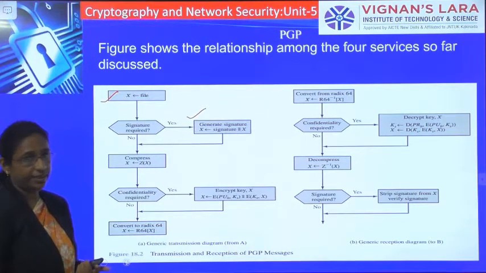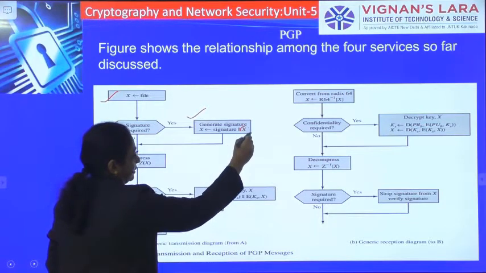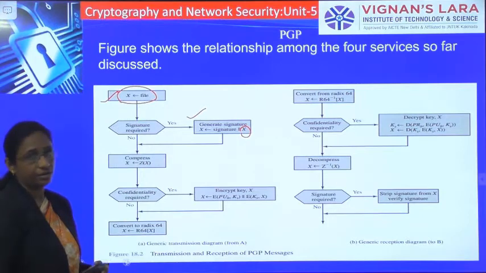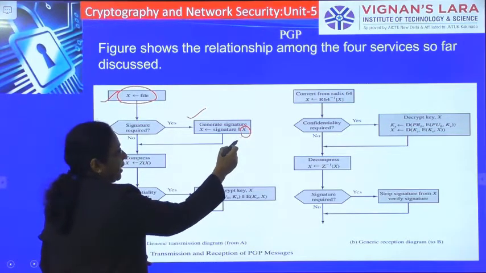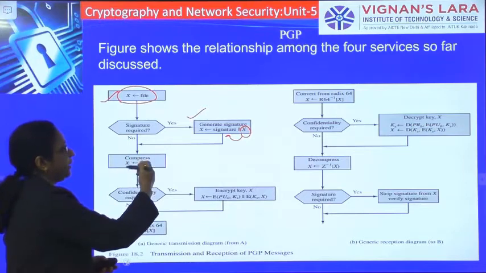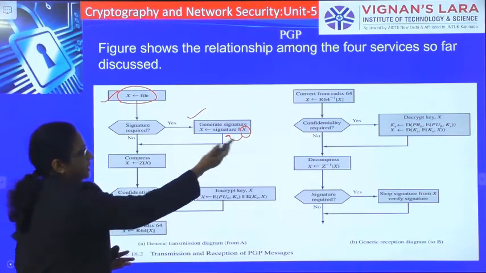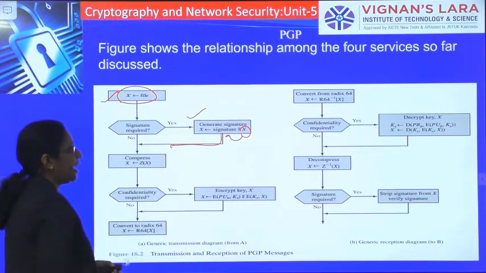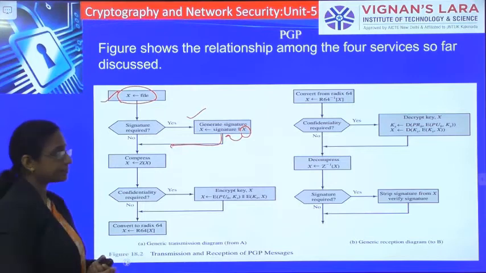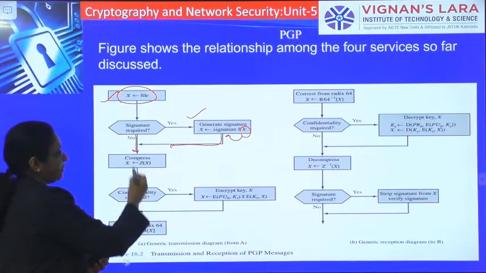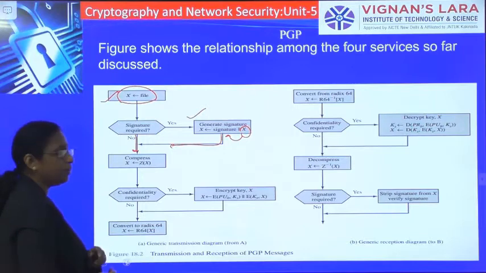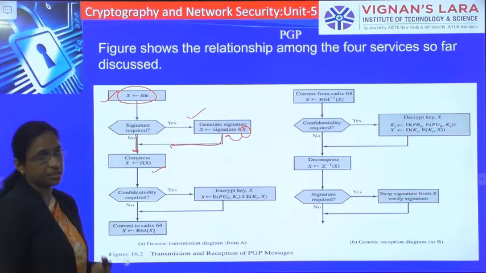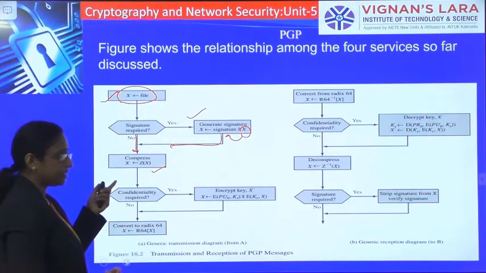After generating the signature, the file X is appended with the signature and then sent, and you get a new X. If a signature is not required, then we go for compression. Here, by using the zip algorithm, X will be zipped.